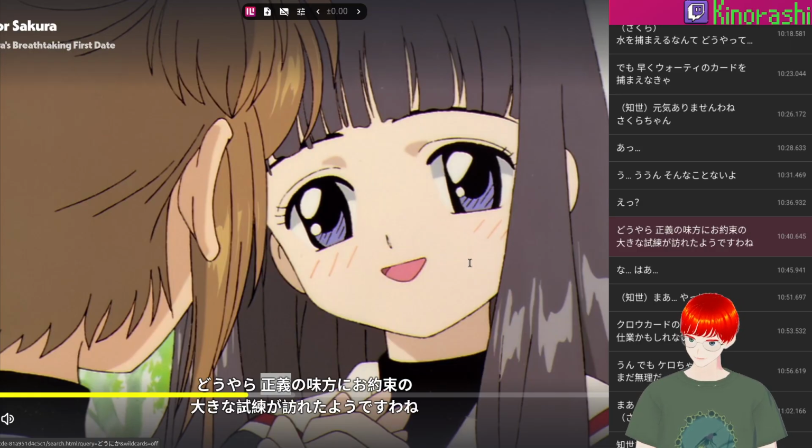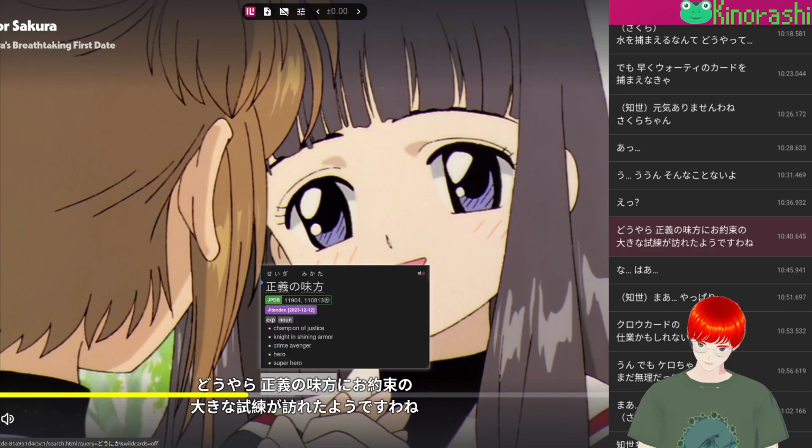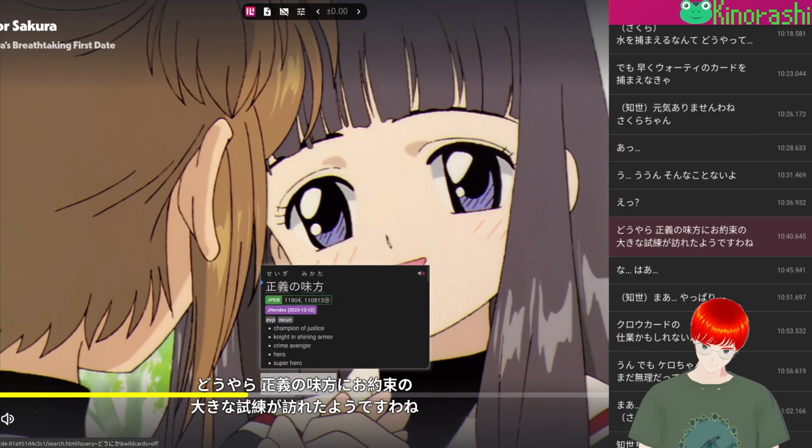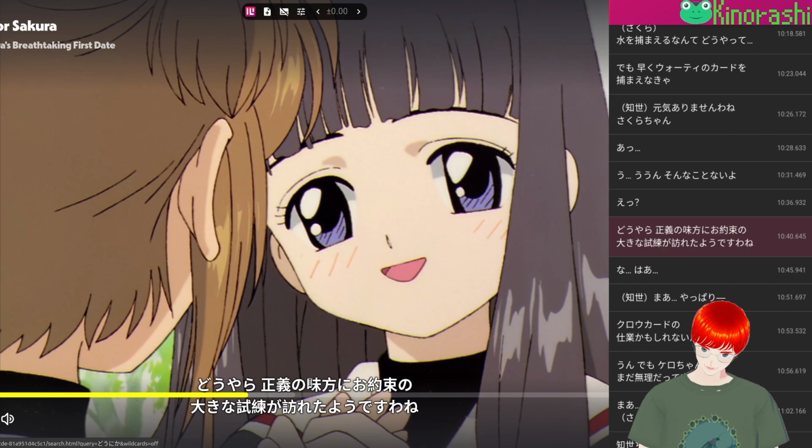It comes from correct and, let's see, honor, loyalty, justice. Okay. So justice, friends, essentially is what it means. Or hero, essentially, champion of justice. Doyara, seigi no mikata. Let's see where this kanji comes from.